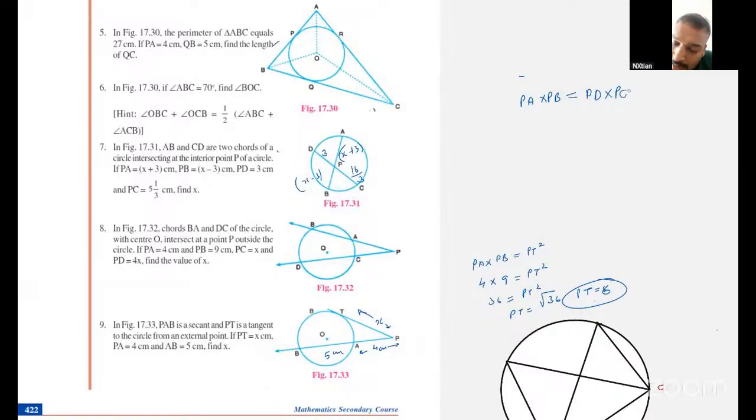So x plus 3 multiplied by x minus 3 equals 3 multiplied by 16 by 3. The 3s cancel. Now it is in the form (a plus b)(a minus b), which is a square minus b square, so x square minus 9 equals 16. X square is 25, so x is root of 25, which is 5. Now PA is 5 plus 3, which is 8, so this will become 8, and this will become 2.